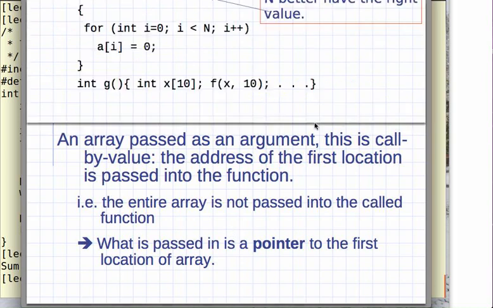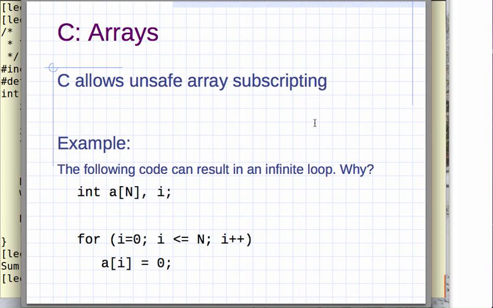Let's take a quick look at one other problem with unsafe array subscripting. Now this is a little bit harder to see, and it also has different behavior depending on the machine. On a Linux 64-bit versus a 32-bit machine, you will see different results.